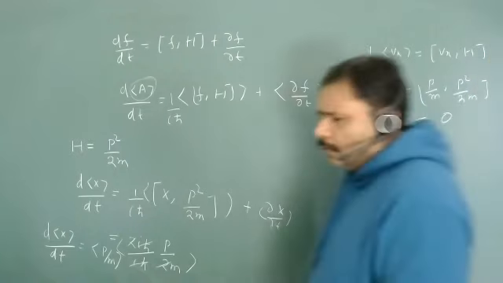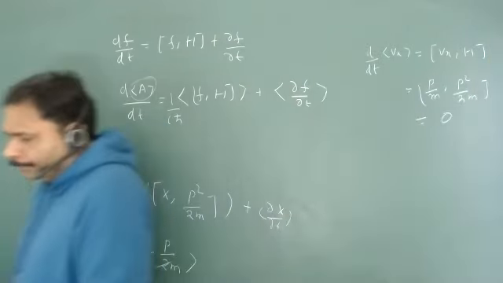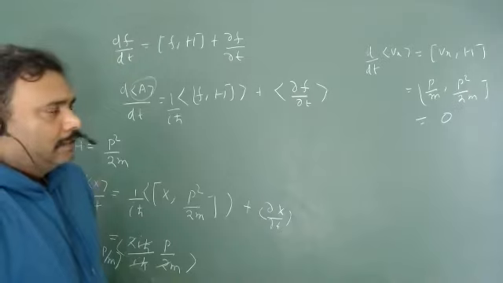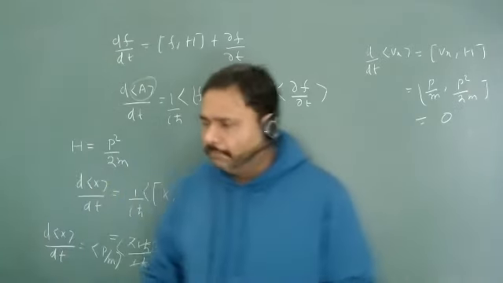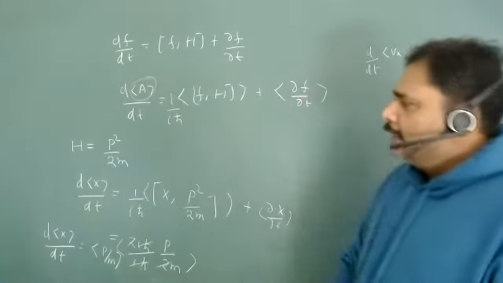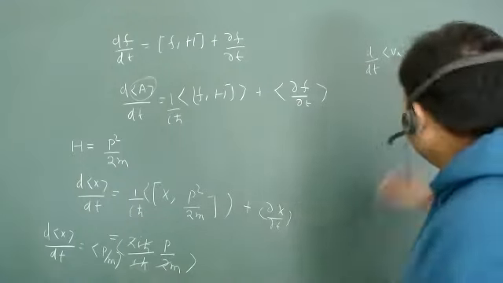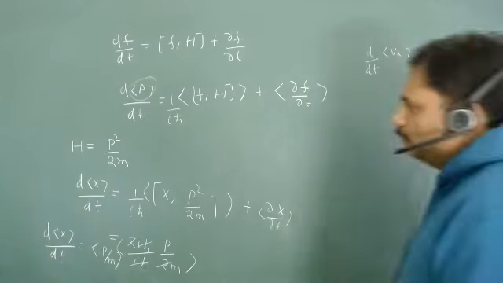And yes, you know, for the free particle, this value is equal to 0. The acceleration is 0. Isn't it? That is very trivial to you. That if you are talking about the Schrödinger particle, and if it is free, then acceleration is equal to 0.